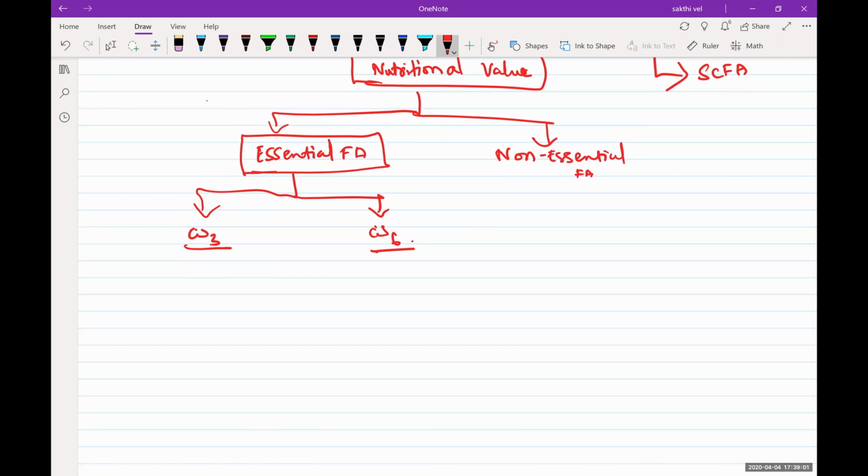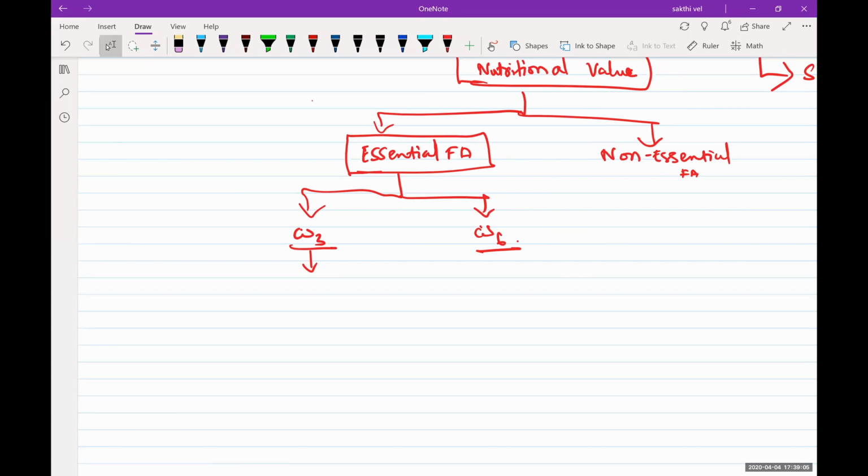What are the omega-3 and what are the omega-6 fatty acids? Your omega-3 fatty acids: number 1 is cervonic acid, which is also known as docosahexaenoic acid.